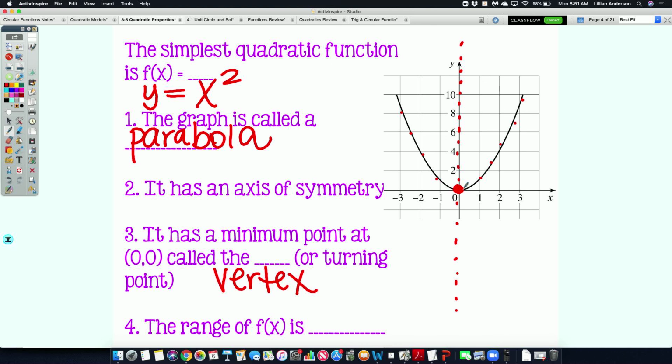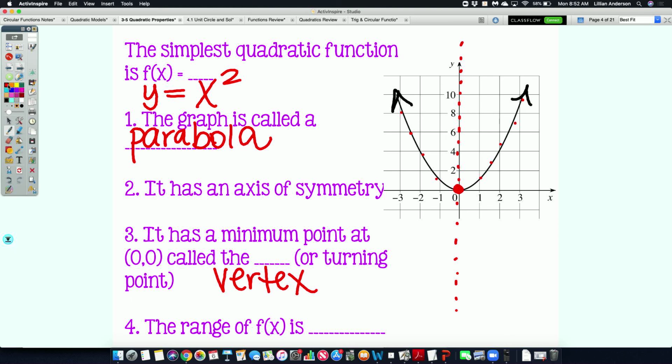Okay? Now for the most simplest quadratic function, which is what again? X to the power of 2, x squared. The range of this function would be what? All real numbers? Not all real numbers. Range is related to what? Oh, the y values. So all numbers greater than 0? Did it equal 0?